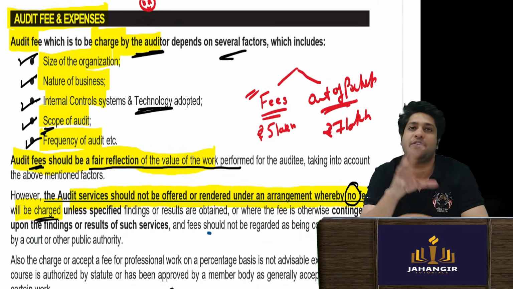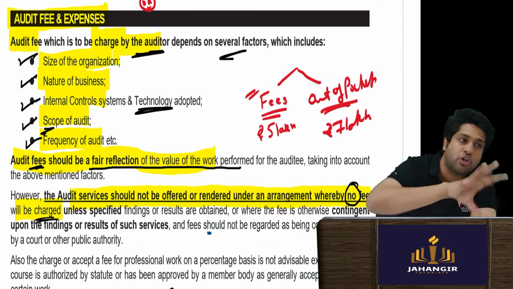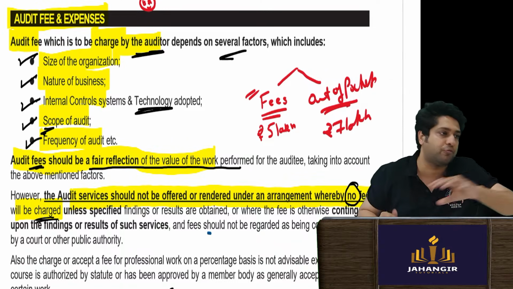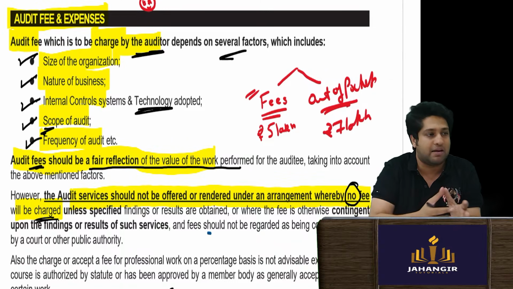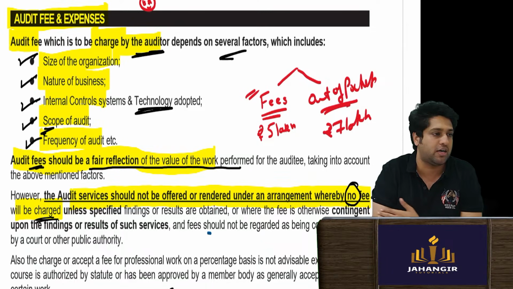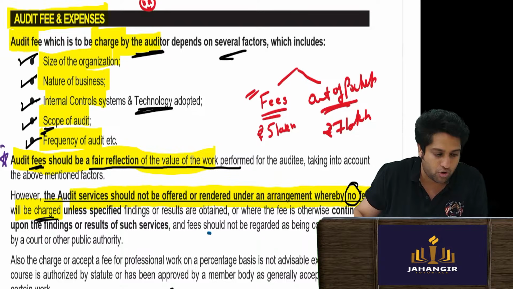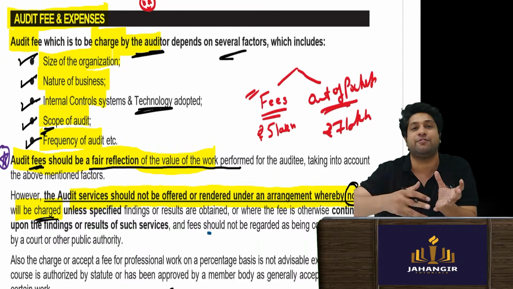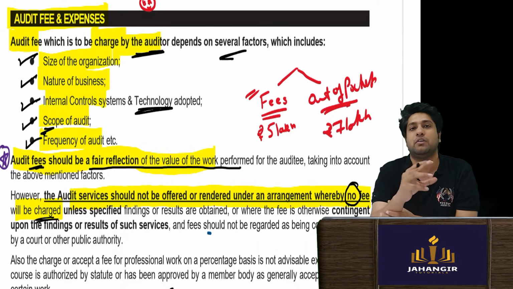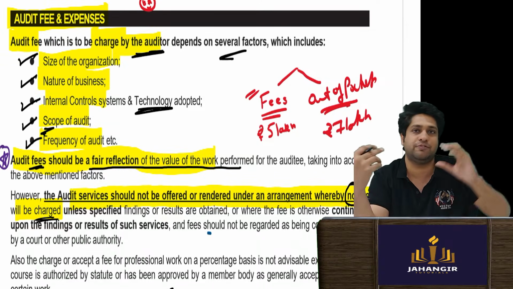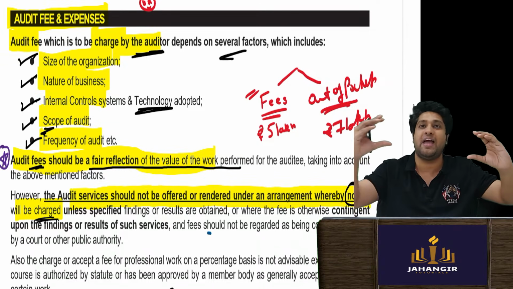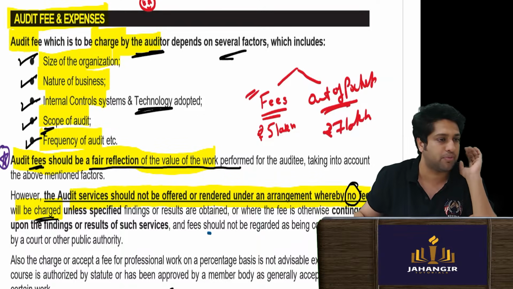Audit fees will be dependent on the size of the organization, type of audit, time limit, manpower involved, frequency of audit, etc. And one very important line you need to write is that the audit fees should always reflect the work performed. Meaning the fees should be a fair reflection of the work performed. Very simple. Okay.